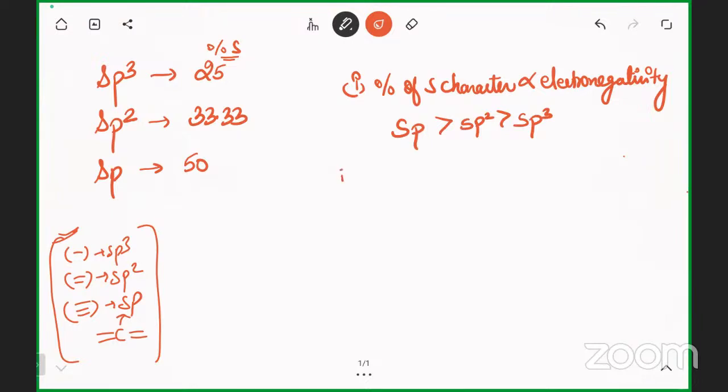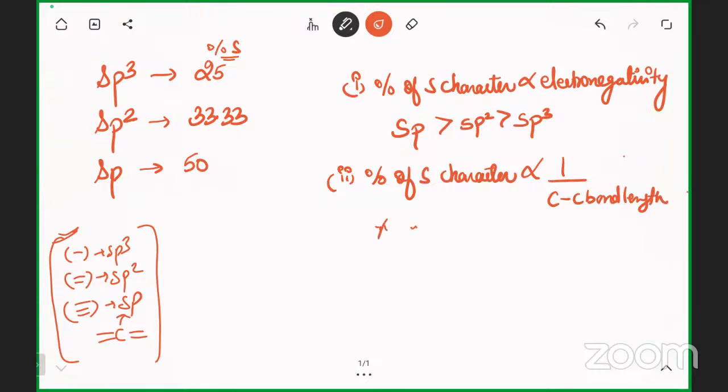Okay. Second thing you have to remember, that percentage of S character is inversely proportional to the carbon-carbon bond length, and percentage of S character is again inversely proportional to the carbon-hydrogen bond length.